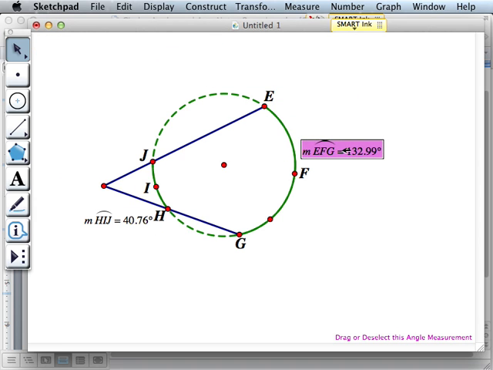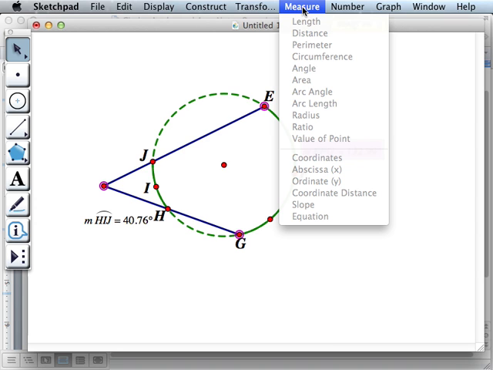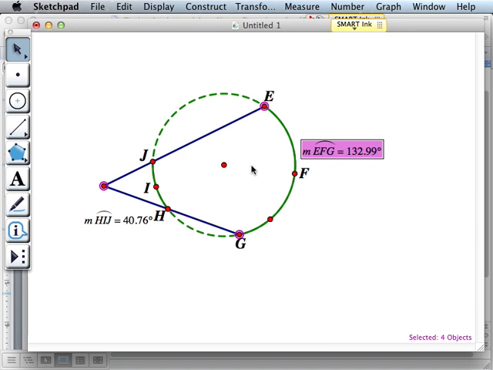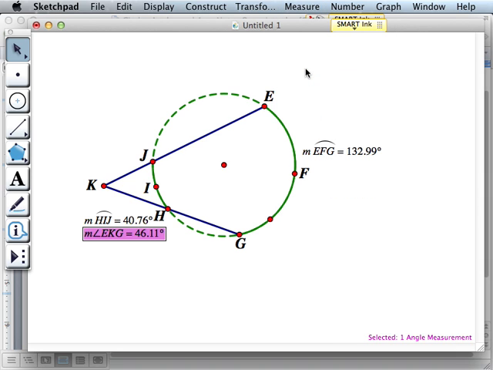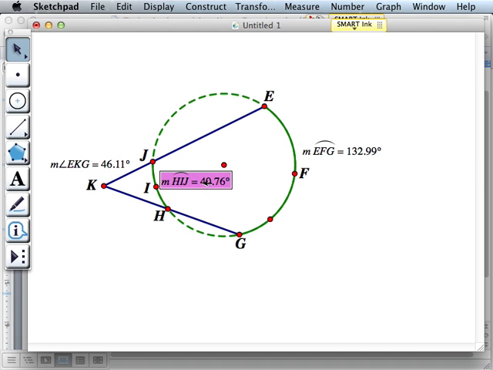This big guy measures 132.33. And now I'm going to measure the actual angle. Measure angle. Okay, so here's my angle measure. Here's my small arc. Here's my big arc. Let's see if we can get these to be some even numbers. It's kind of hard.